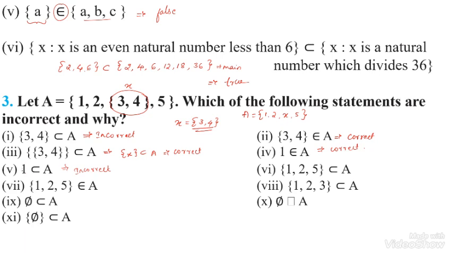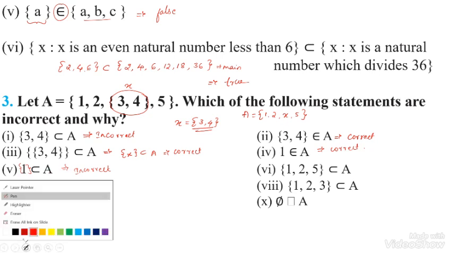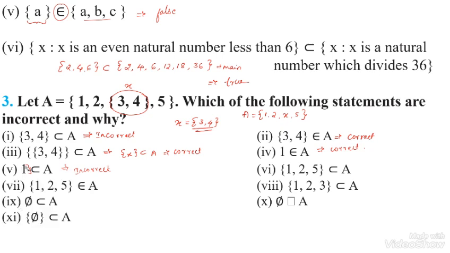Here 1 is represented as an element. In case of 1, we have to write it in set form. That time it is a correct statement. Otherwise, it is not a correct statement.